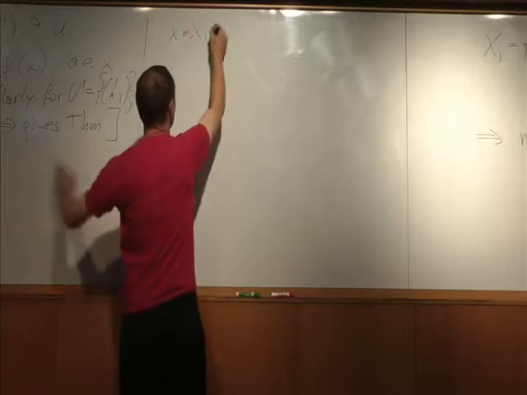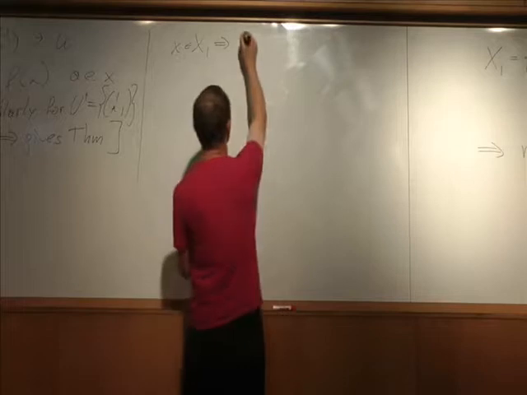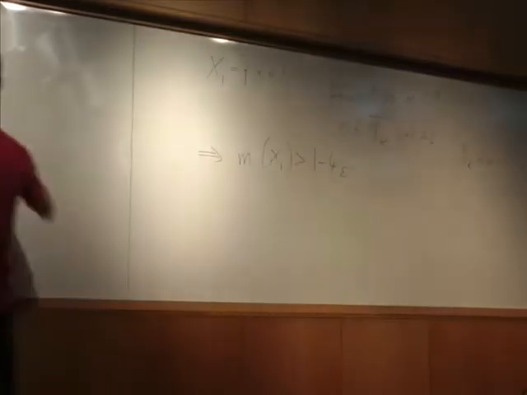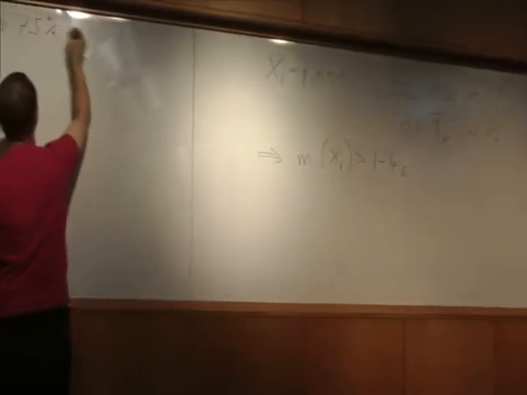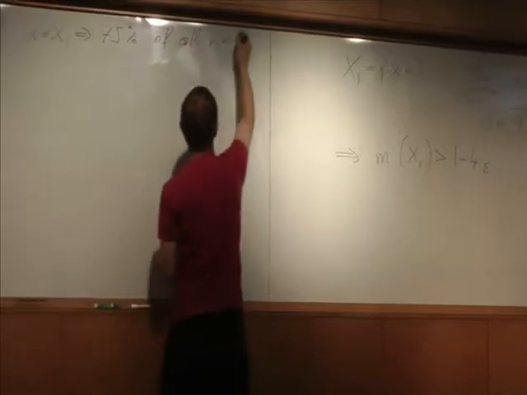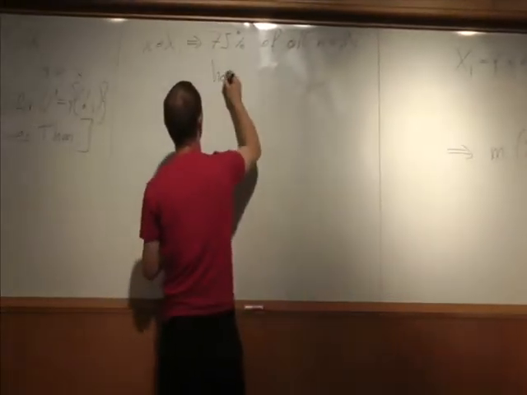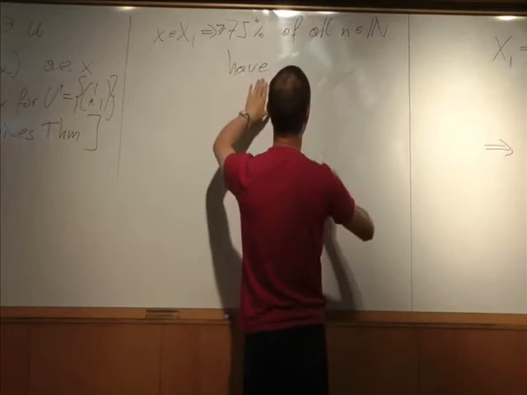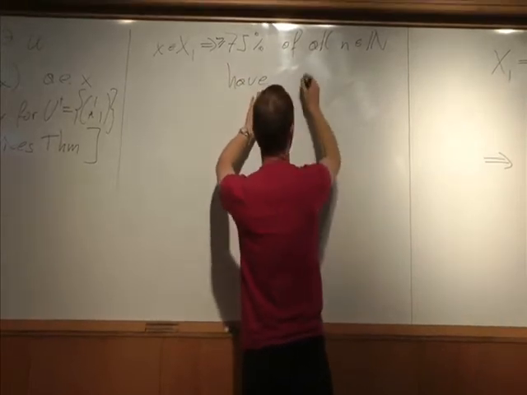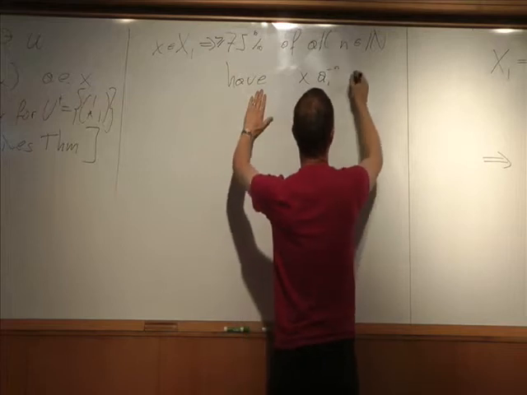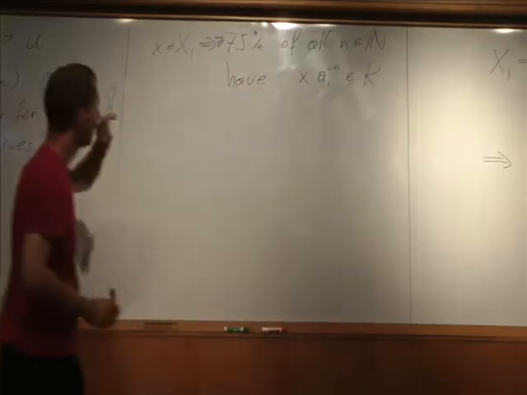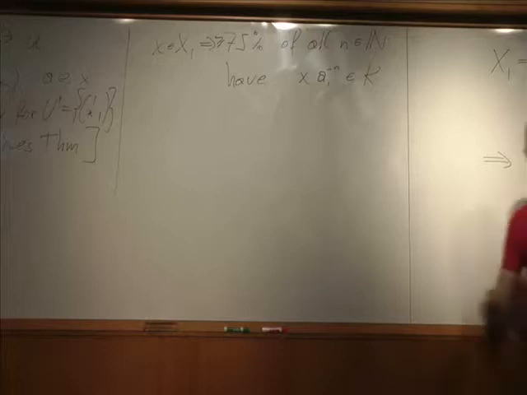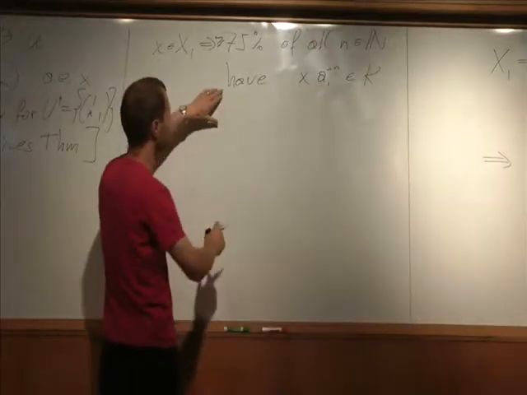x is in X1, right? That's what I said. What does this imply? This implies that 75% of all n in N have, maybe it's 100%, I don't know, but greater or equal 75% of all n have x a_1^(-n) in K. Well, this statement is defined, of course, by that limit expression, but that's nicer to say.